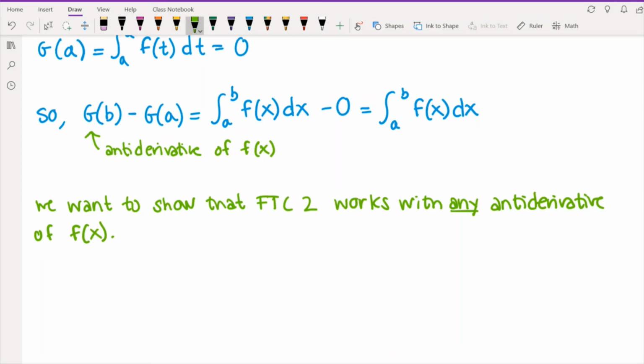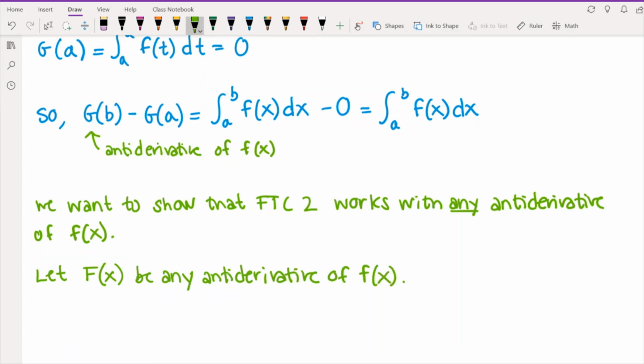Let's just let capital F of x represent any antiderivative. So let capital F of x be any antiderivative, just some arbitrary antiderivative of f of x. One thing that we know about antiderivatives, and I talked about this in the very first video about antiderivatives, is that if you have two different antiderivatives of a function, they're going to differ by a constant, right?